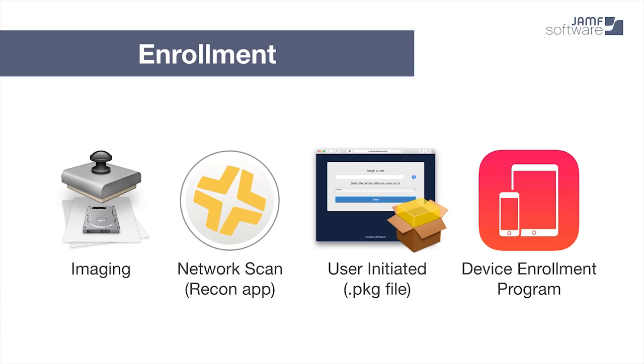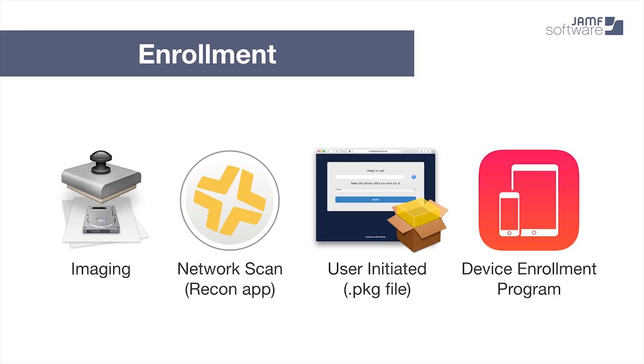I want to also talk about enrolling for a second here, just because this is really what enables the JSS to talk to your Macs. You need to enroll your Macs first so that you can, say, have all of them have FileVault 2 turned on. And these are the most common ways that we find people are enrolling them. It can be through imaging, where you build a standard image and the enrollment package is baked into there.